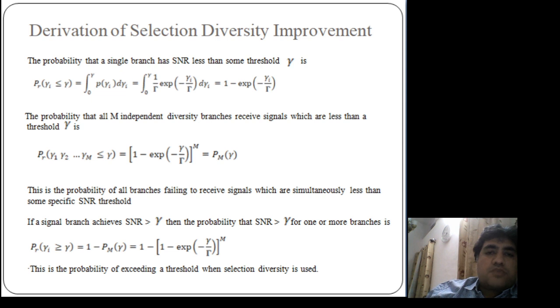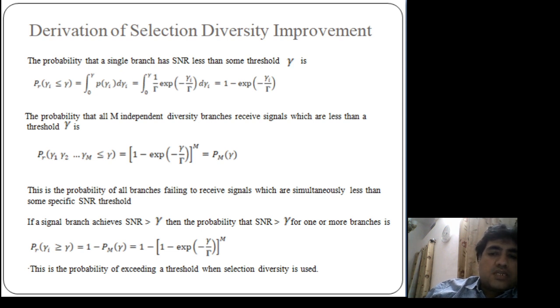So all these probabilities will be multiplied. So we'll get 1 minus exponent minus threshold by mean to the power m. So this is the probability that all these branches of selection diversity will receive the signal with the signal to noise ratio less than the threshold value.